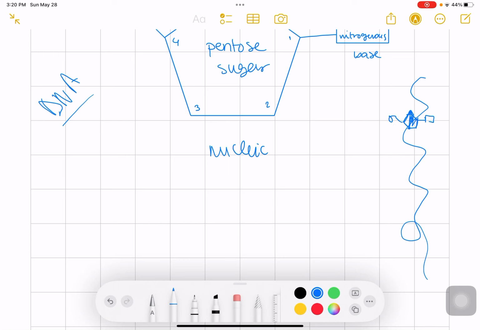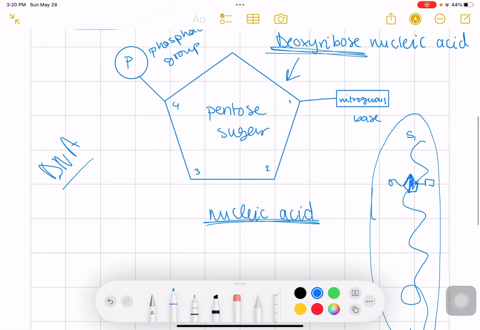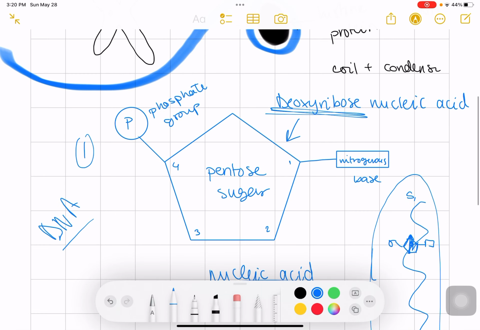And this is one strand, keep in mind. This will be the 5' to 3' strand, which we'll get into later too. So this is a nucleic acid. This is what the strand is made up of. The DNA strand in total is the polymer, and the monomer which makes up that strand is a nucleic acid, which is just one of these. Only one.